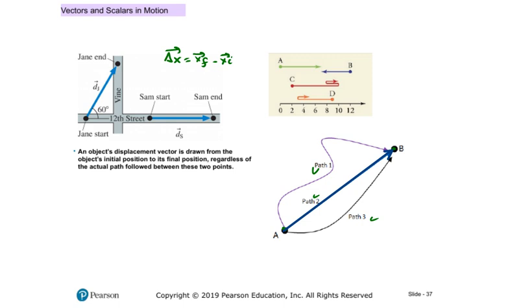If I'm going from A to B, no matter what path I take, path 1, path 2, path 3, it doesn't matter, my displacement is always the distance between initial position to final position, and its direction is toward my final position. Of course, I'm going from A to B, so direction is from A to B. That's logically understandable. All right.